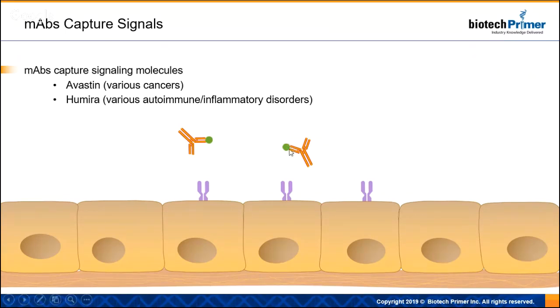So Humira grabs on to TNF alpha, prevents it from reaching its target receptor on the surface of white blood cells, prevents those white blood cells from being activated, and helps to calm down and reduce that inflammatory response.